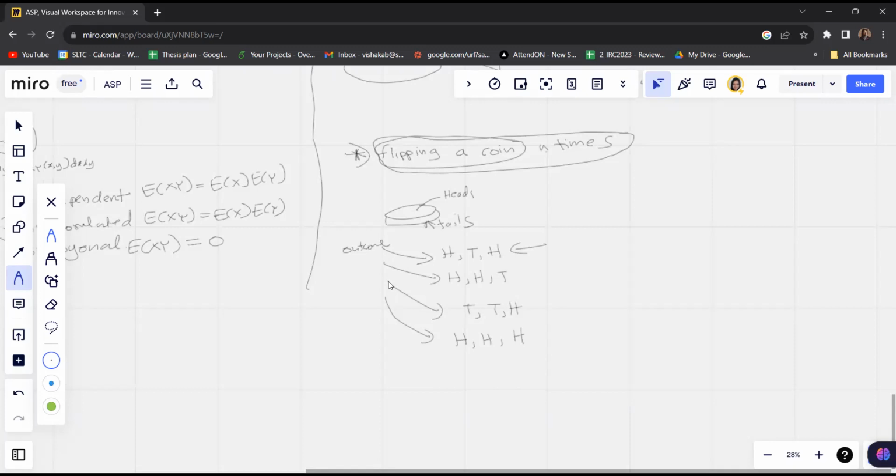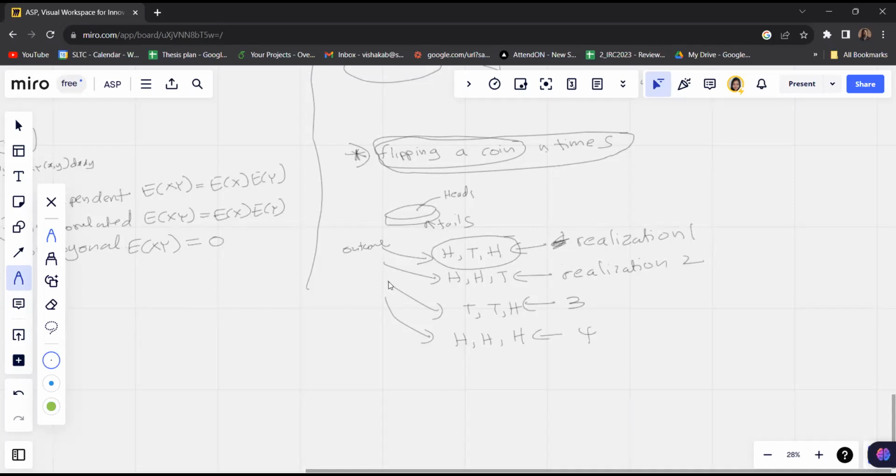So each of these different outputs that we get from that experiment is known as a realization. We will say this is realization 1, this is realization 2, 3, 4, likewise.